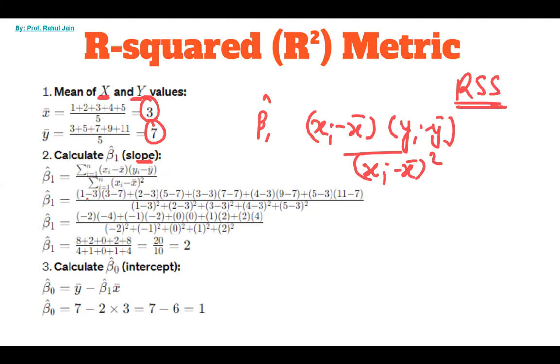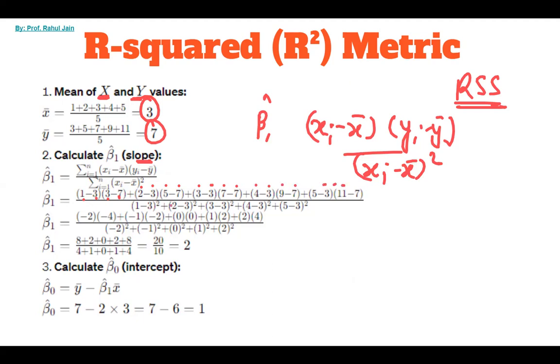So this is x1 minus mean of all x values into y1 minus mean of all y values. This is x2 minus mean of x, thereafter y2 minus mean of y. Similarly, x3 minus mean of x, y3 minus mean of y, x4 minus mean of x, y4 minus mean of y, and so on.